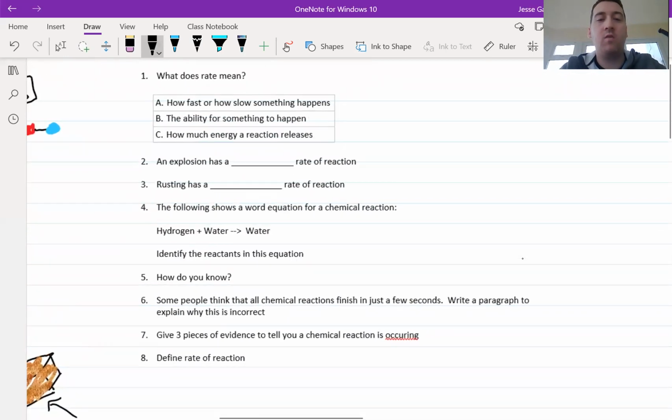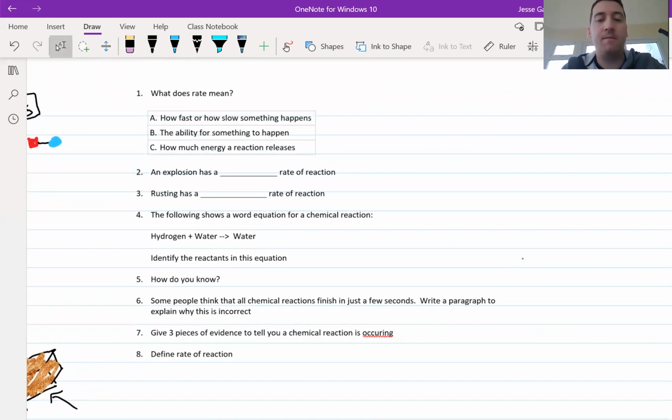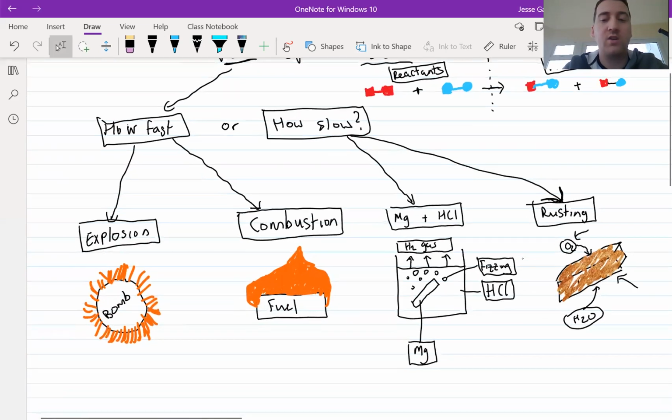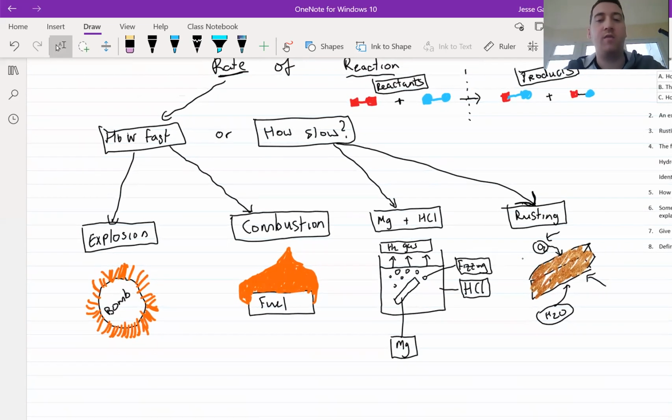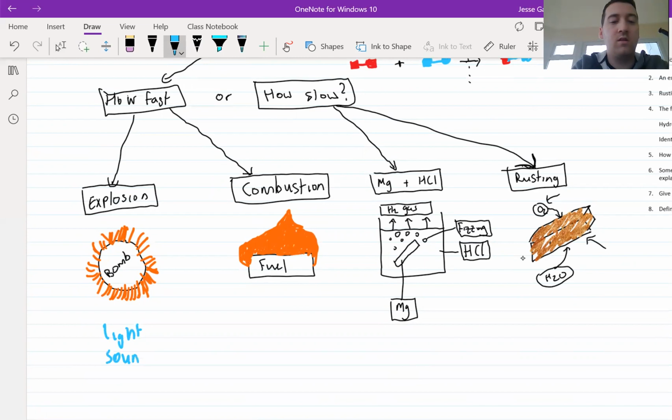All right, so what I want you guys to do is, just before we do the practice questions, I suppose if we look at what's actually happening down here, that tells us that a chemical reaction is happening. Remember, we talked about light, sound, heat, all of these are basically types of energy transfers.